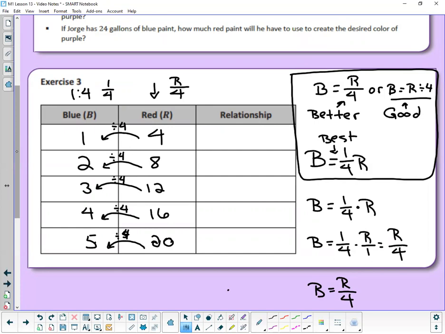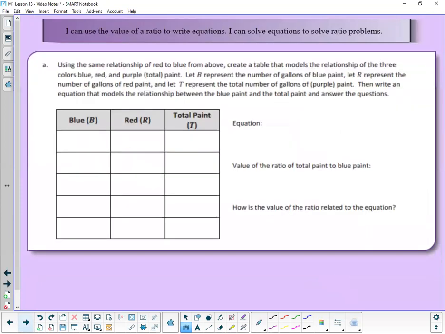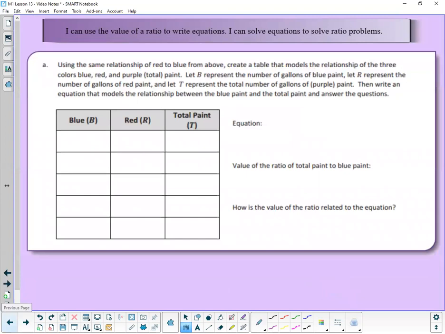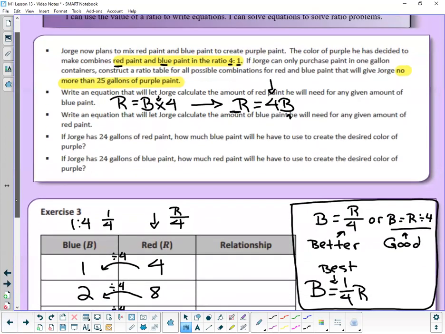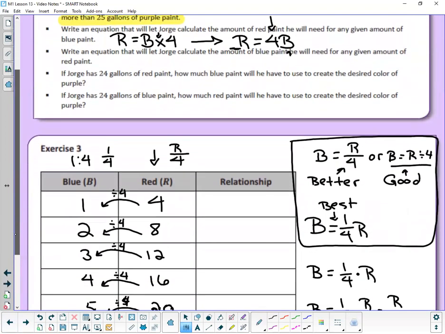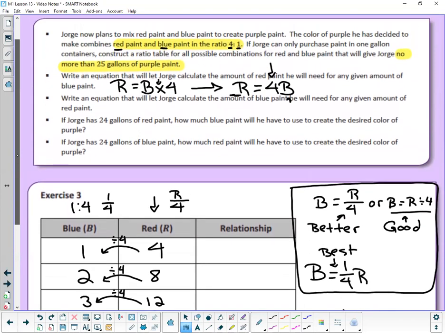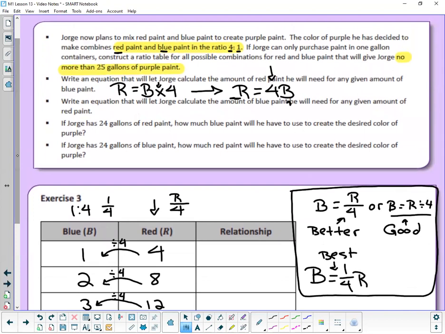Well, I just threw a lot at you. So let's see if we can apply it a little. Let's make sure I didn't finish this, did I? You guys have got to call me on that. So if Jorge has 24 gallons of red paint, how much blue paint will he have to use? All right. So we know this is what we're doing now. We know how many gallons of red paint he has.